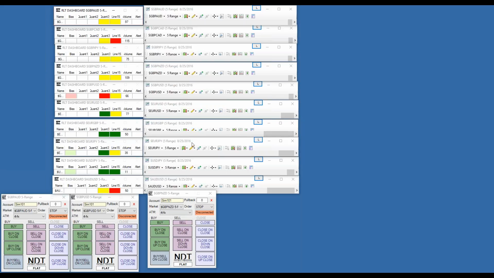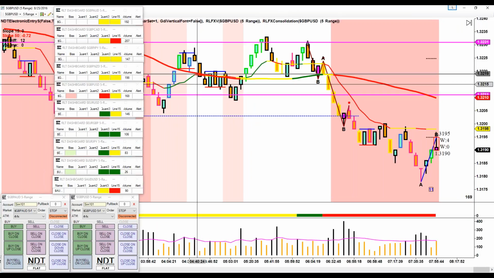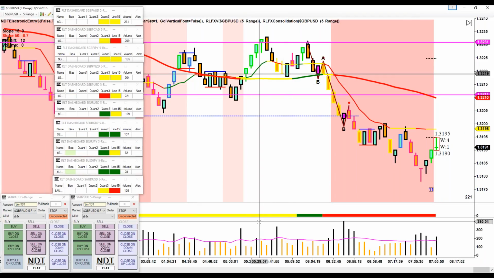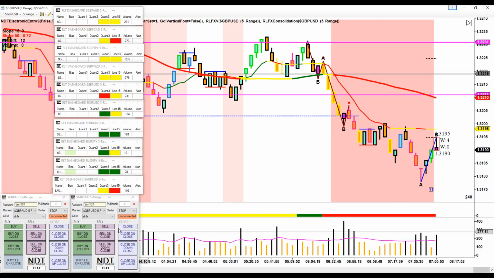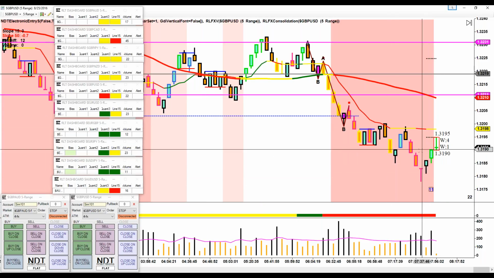Just very little lack of movement. No chance for an entry on the pound dollar.